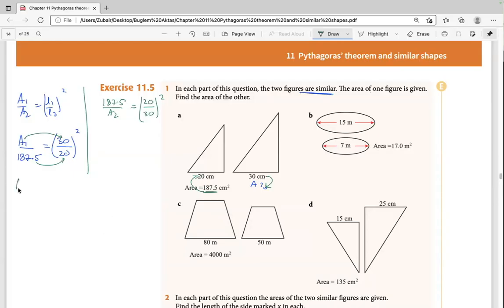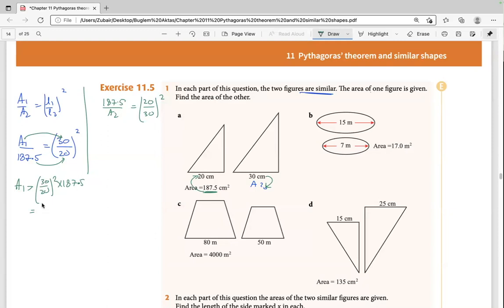So A1 stays there, and this is multiplied on the other side: 30 by 20, whole squared, into 187.5. 30 by 20 is 3 by 2, squaring is 9 by 4, into 187.5.